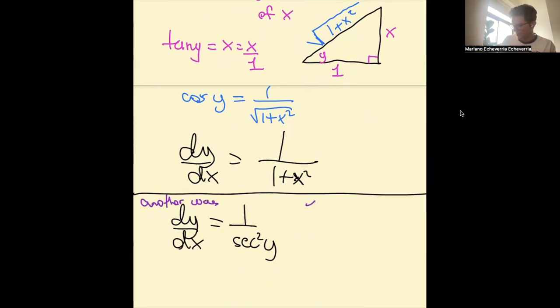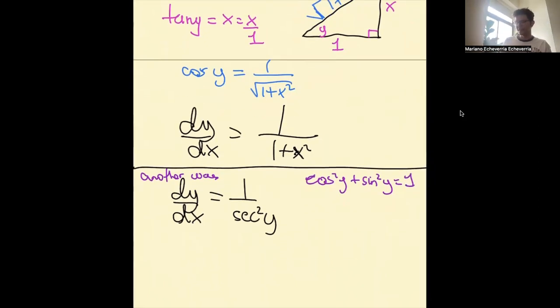What is cosine squared of y plus sine squared of y? What was that equal to? It's just 1.